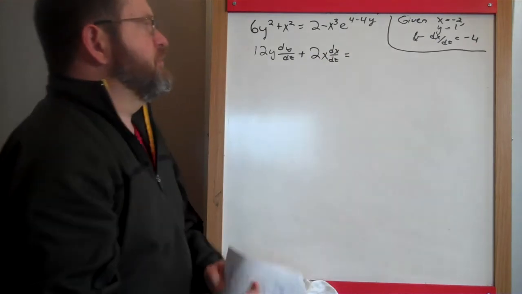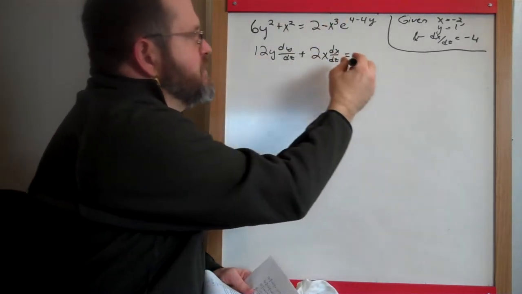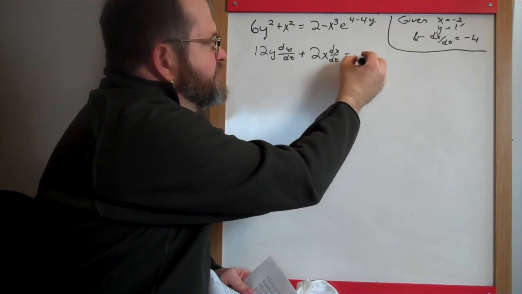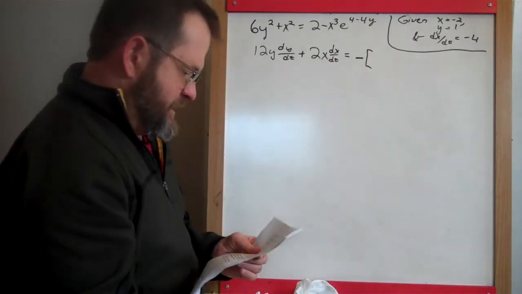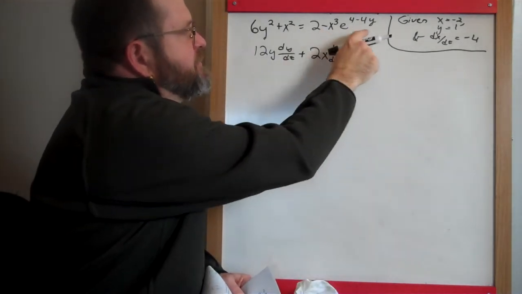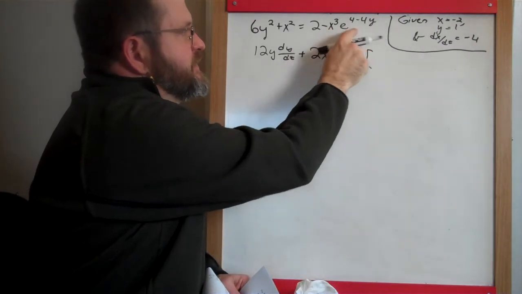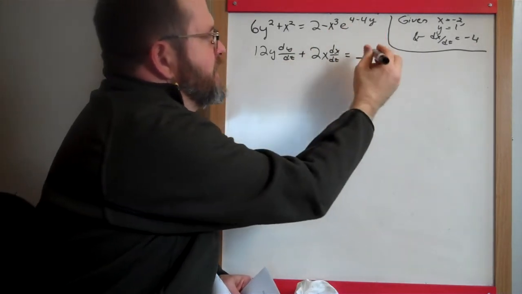Is equal to, oh boy. Derivative of 2 is nothing. Alright, I'm going to put this negative sign on the outside here. And then this inside part here is a product rule. Derivative of the first times the second plus the first times the derivative of the second.